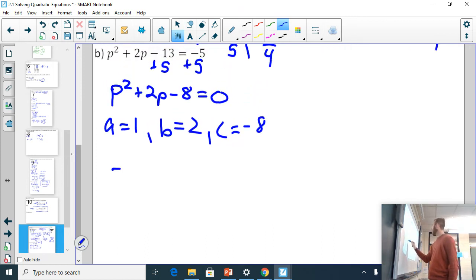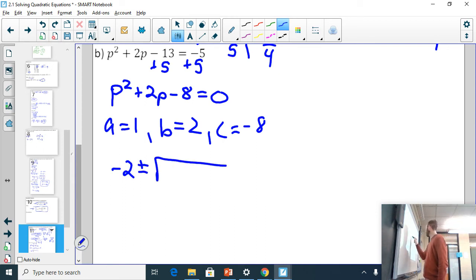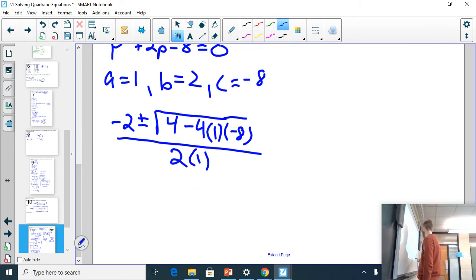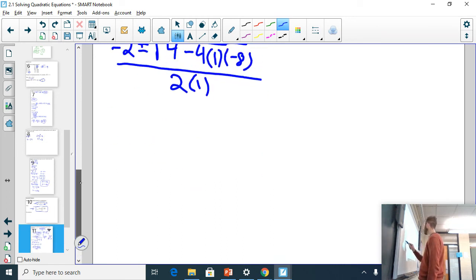We have negative b plus or minus the square root of b squared. 2 squared is 4, minus 4 times a, which is 1, times c, which is negative 8, all over 2 times a, which is just 1. And so now, it's just a matter of calculating this out.